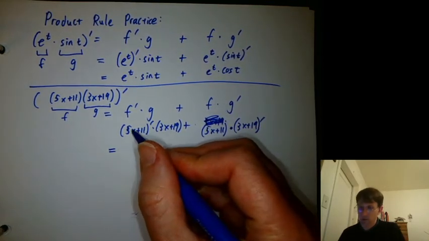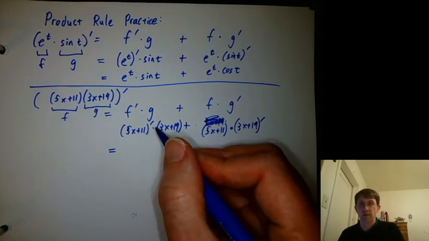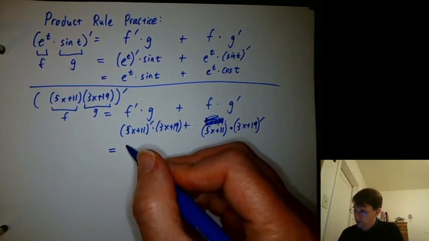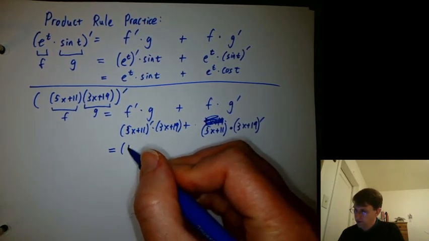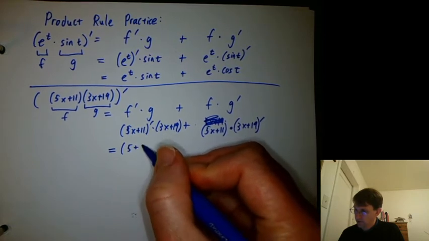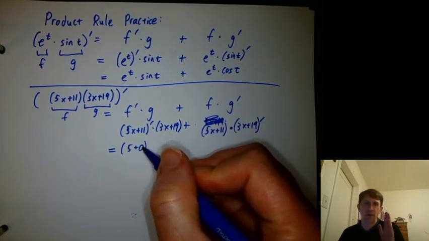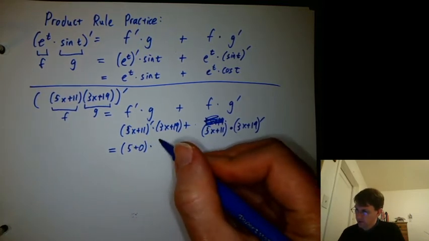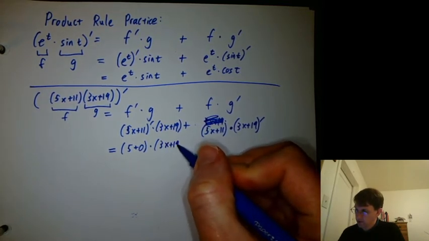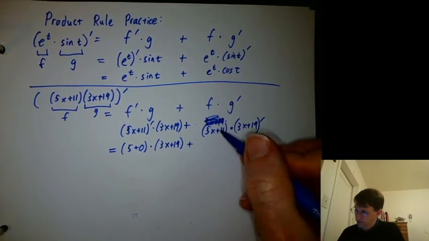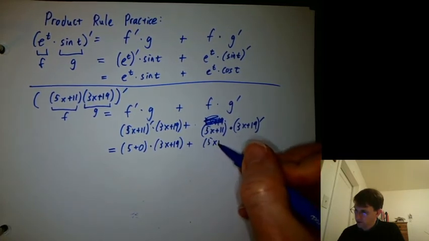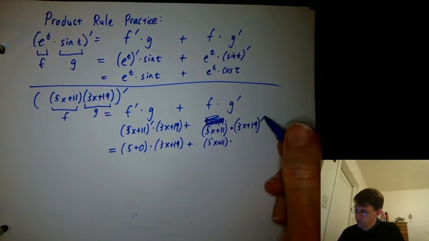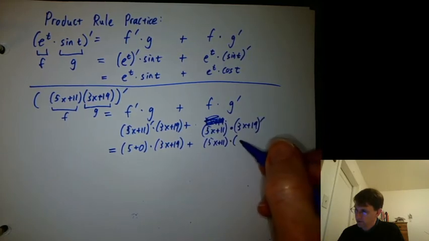All right, so what is the derivative of 5x plus 11? Well, derivative of 5x is 5, derivative of 11 is 0. You don't even have to write the plus 0 if you're used to that. You could just write the 5 times 3x plus 19 plus 5x plus 11 times derivative of this is 3.